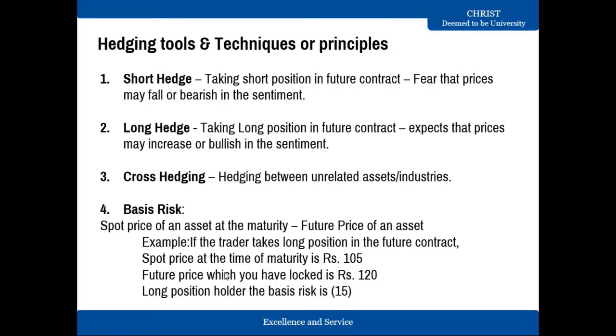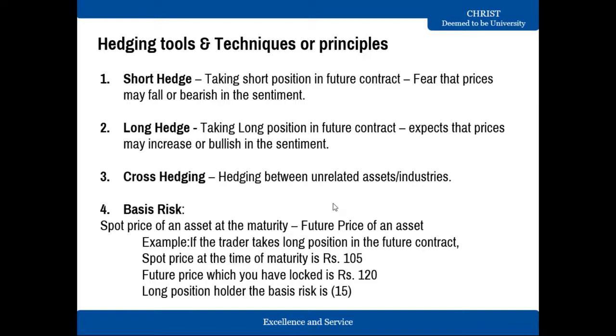So here I wanted to make one point: usually, most of the time, and there is a lot of research on convergence, the spot price at the time of maturity almost converges to the future price of an asset. That means more or less it will be equal at the time of maturity.